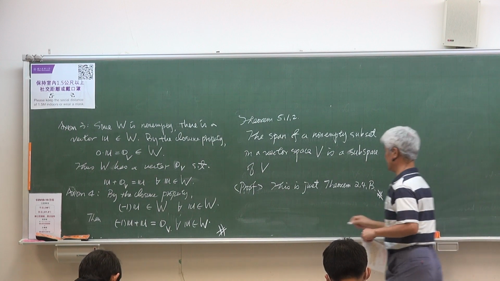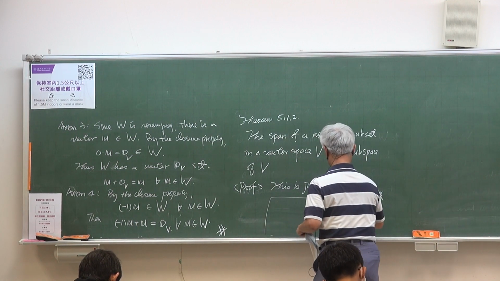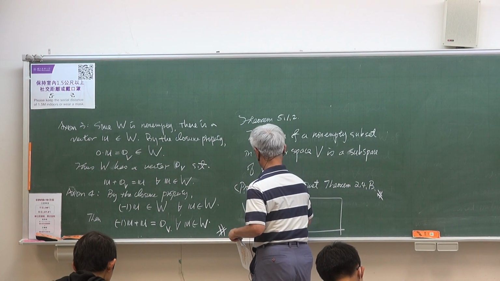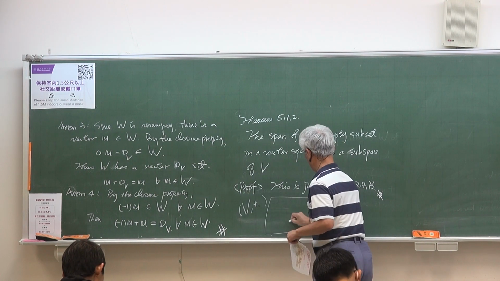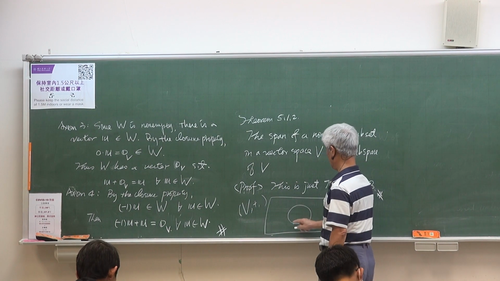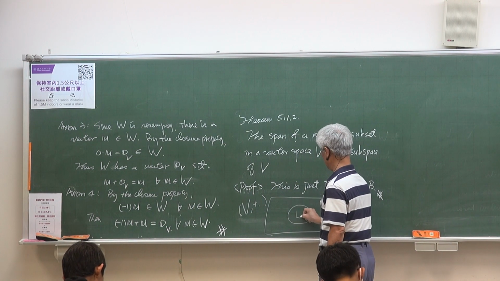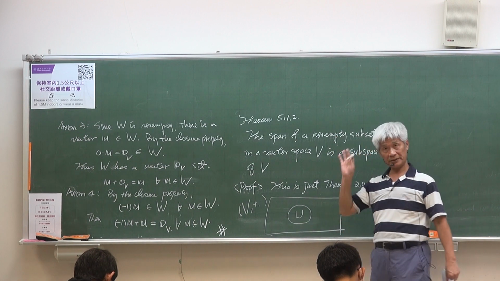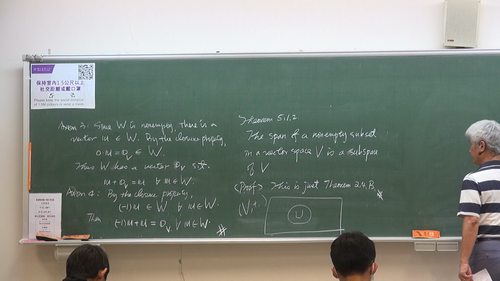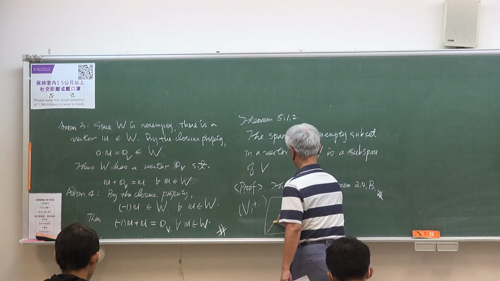So the situation is here. This is the vector space V. Now you have some set, say a set U here, an arbitrary set. Then you form the span.